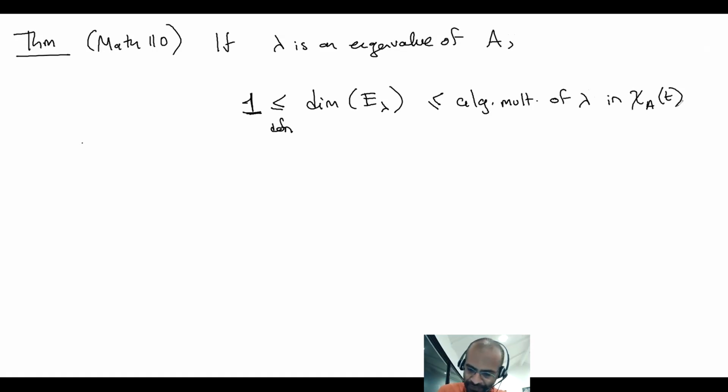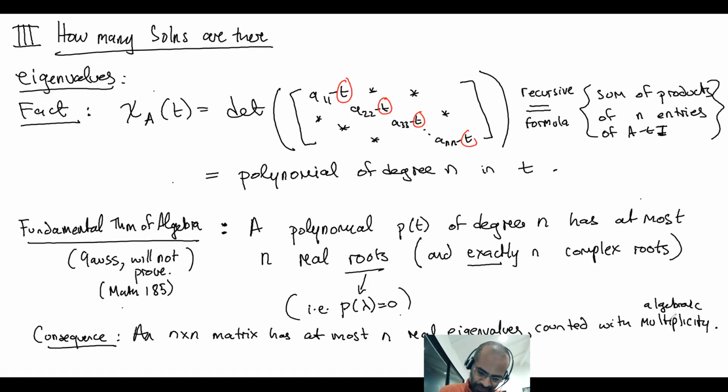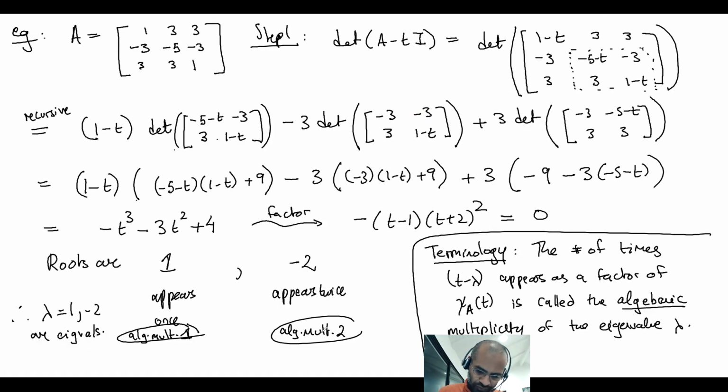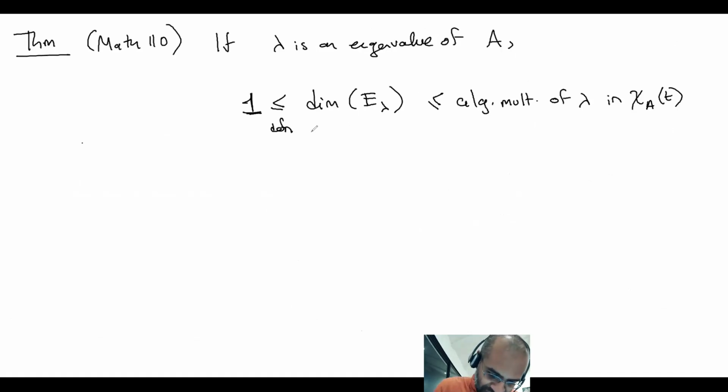It's a beautiful theorem. What it says is that the pattern you saw in these examples is not a coincidence. In this 3×3 example, the algebraic multiplicities were 1 and 2, and the dimensions of the eigenspaces were 1 and 2. So this is a fact, and it is beyond the scope of this course to prove. This number is often called the geometric multiplicity.